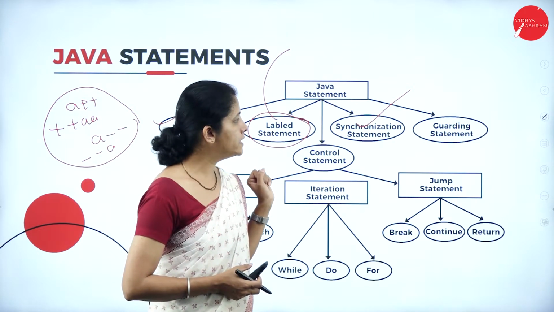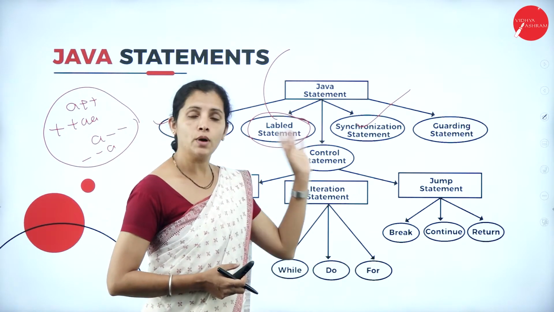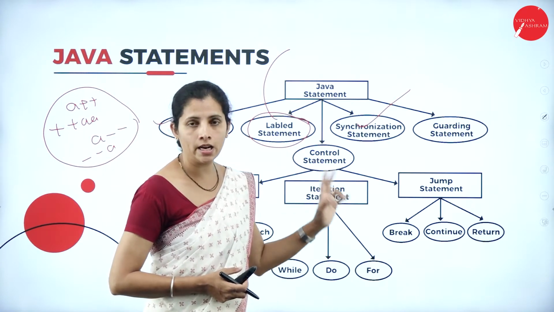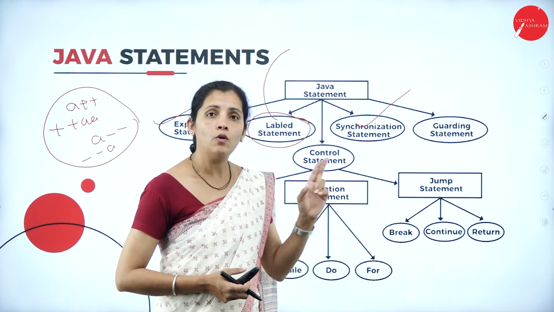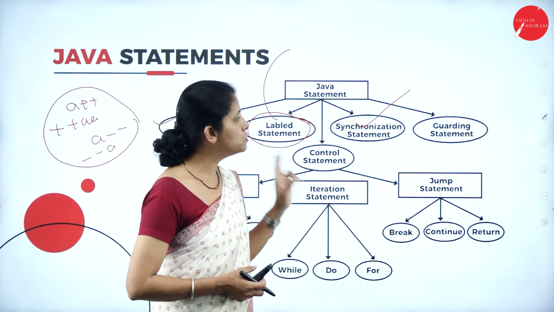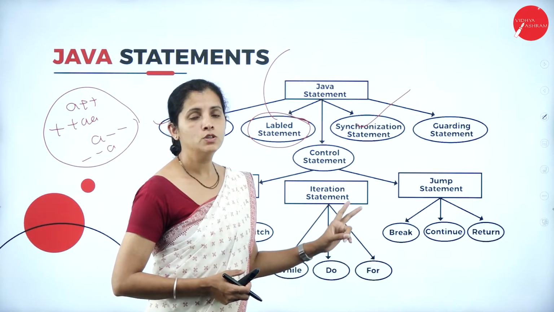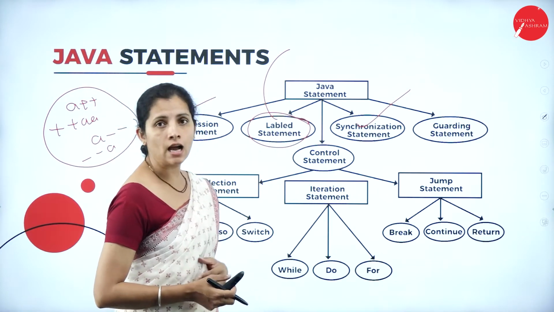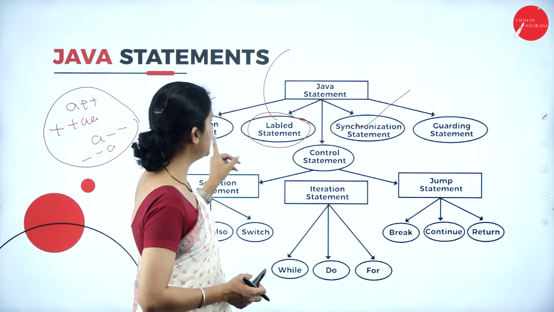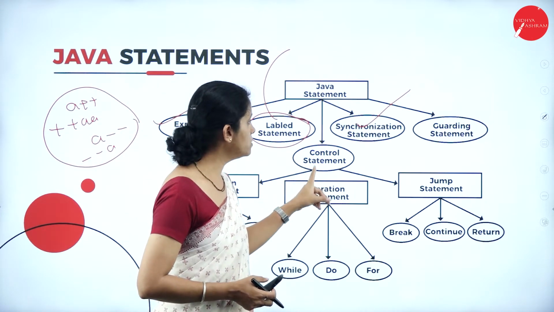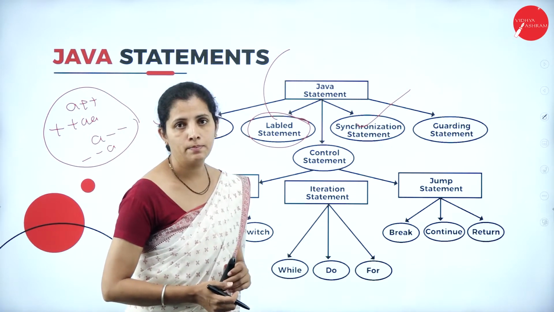So dear student, here guarding statement is nothing but exception handling, in the sense error handling. How to identify the error, how to manage the error, all those things we are going to study under guarding statement. So dear student, Java statements are categorized into 5 different types: expression statement, labeled statement, control statement, synchronization statement as well as guarding statement.